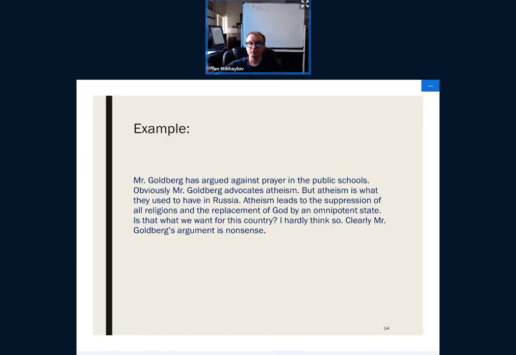Here's an example. Mr. Goldberg has argued against prayer in public schools. Obviously, Mr. Goldberg advocates atheism, but atheism is what they used to have in Russia. Atheism leads to suppression of all religion and replacement of God by an omnipotent state. Is that what we want in this country? I hardly think so.